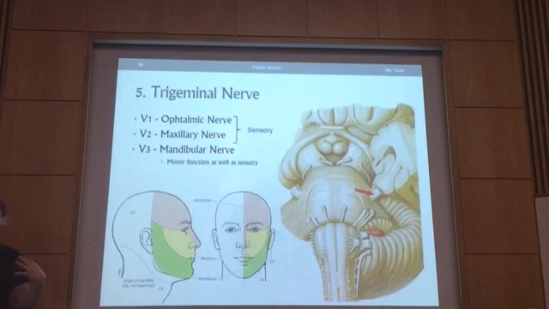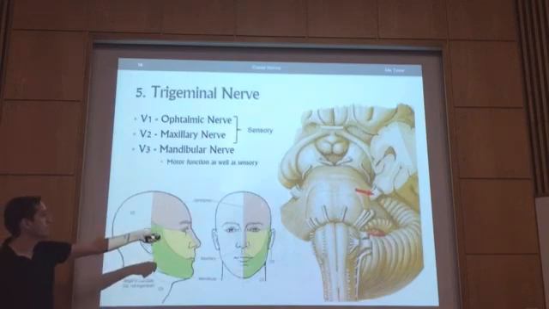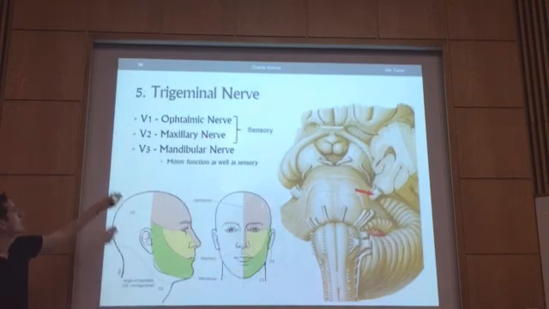Each one of them brings sensation from different parts of the head. So the ophthalmic part brings back sensation from this region of the face, the maxillary from the yellow part, and the mandibular from the green part.